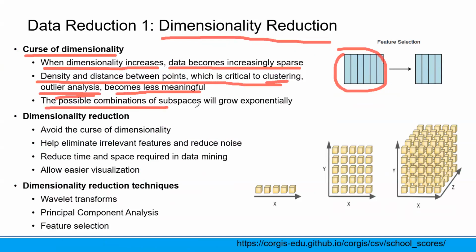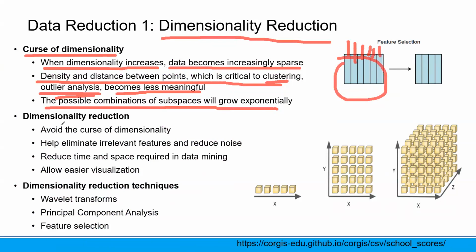And the possible combination of subspaces will grow exponentially. So if we have 6 columns, we can select among the 6. Maybe we want to choose 4, which is the best. But if we have 500, then how can you find which are the best features? It's more complicated.